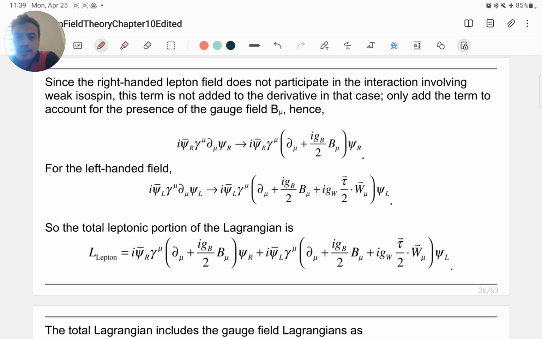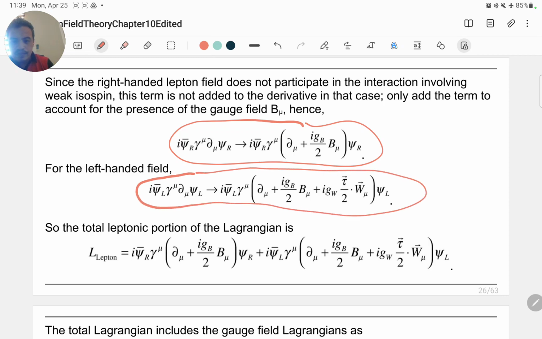So you can only add the term to account for the presence of the gauge field, and so you can only add this one. And for the left-handed you have this one. So altogether the total leptonic portion of the Lagrangian is now this extended form here.